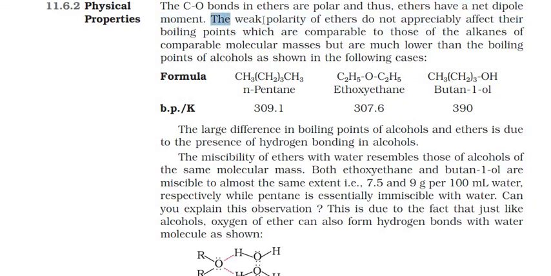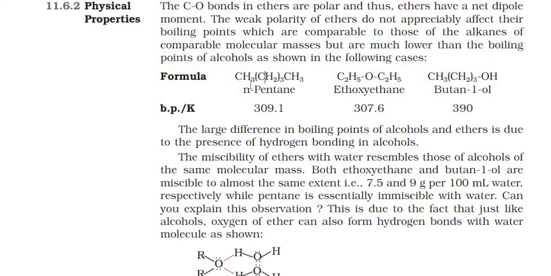Further, it says the weak polarity of ethers does not appreciably affect the boiling point, which is comparable to those of the alkanes of comparable molecular masses, but much lower than the boiling point of the alcohols.